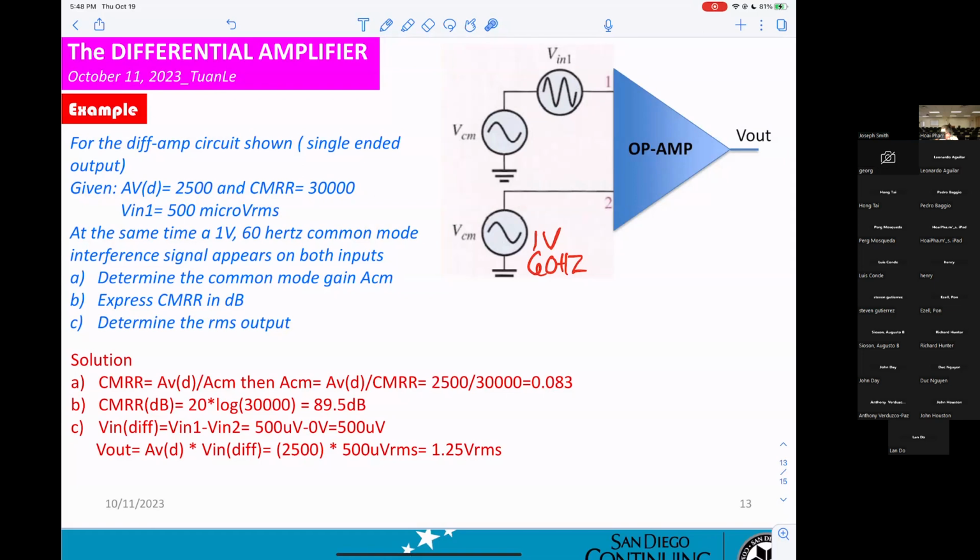That will help you calculate ACM. You take 2500 divided by 30,000, and you get 0.083.